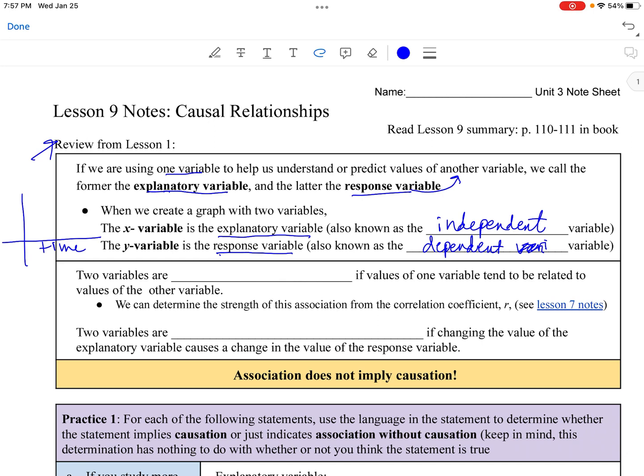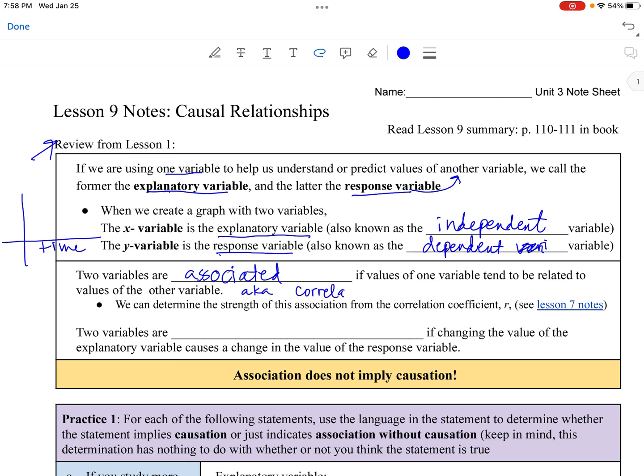So, two variables are associated if values of one variable tend to be related to values of the other variable. Sometimes instead of associated, we might say they are, I'll say AKA, also known as, correlated.